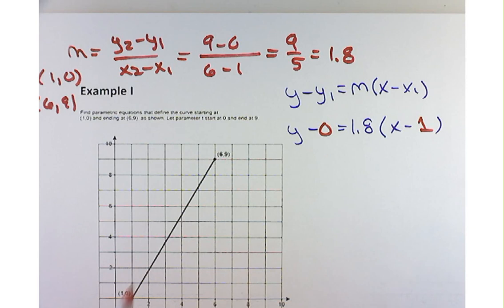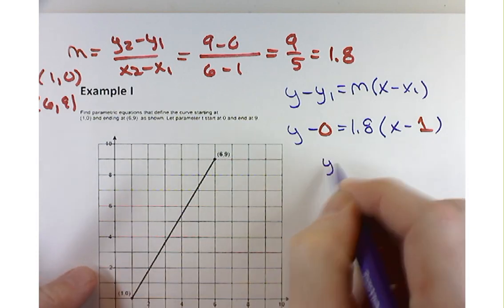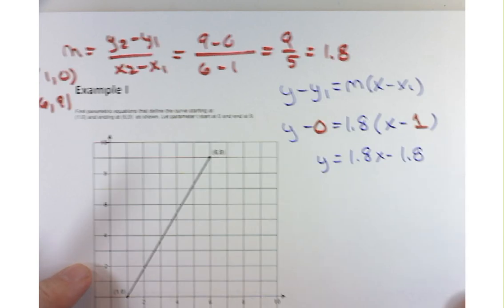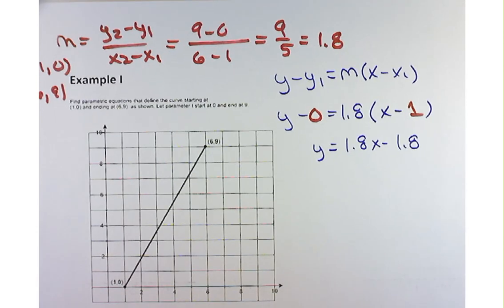And if you solve for y, it's just y equals 1.8x minus 1.8. Great. So that's an equation in x and y. But I wanted something in terms of t. And I wanted to start here and end here. So how could I do that? How could I write this in terms of t?